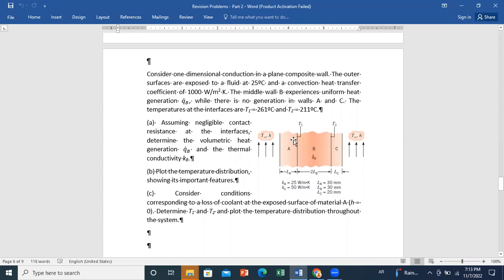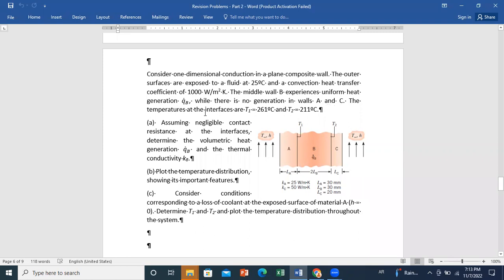The outer surfaces are exposed to a fluid at 25 degrees and a convection heat transfer coefficient of 1000 watt per meter square Kelvin. The middle wall B experiences uniform heat generation, Q dot B, while there is no generation in walls A and C.